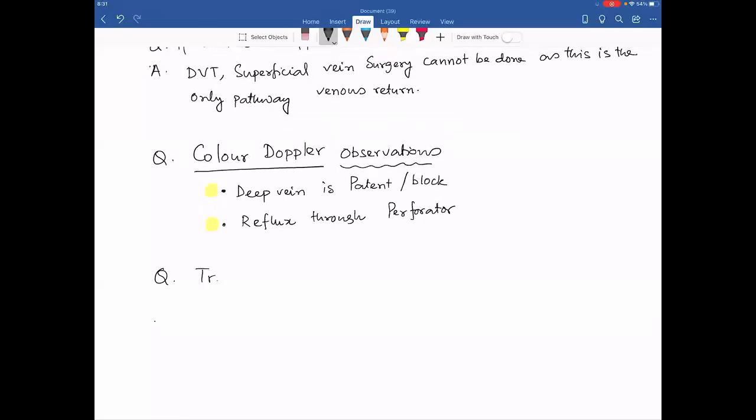What are the treatment modalities or options? Simple answer.